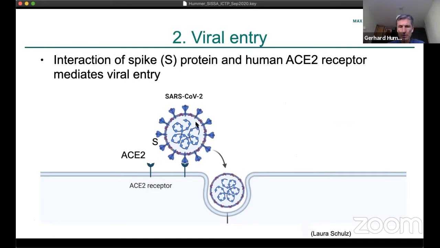So here, this circular particle indicates the SARS-CoV-2 virus decorated with these S proteins, these flower-shaped structures that bind to the ACE2 receptor on the host cell surface, and that leads to either direct entry through the plasma membrane or, and again, a process that is not so well understood, entry through the endocytic pathway and then endocytic escape.